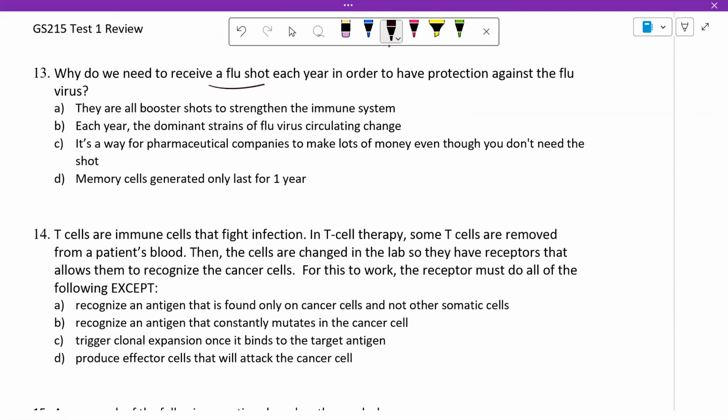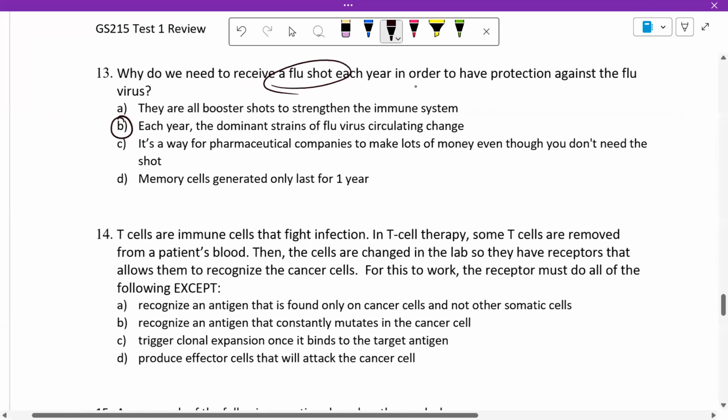The reason we need one every year is because the dominant strain of flu virus that is circulating every winter changes, so it's a prediction, and then we make a new vaccine. All the other ones are not true. People who don't believe in vaccines will think this one is true, but it's not.